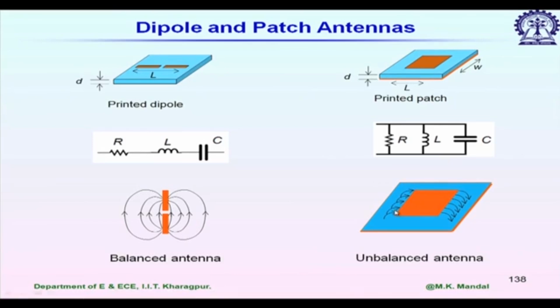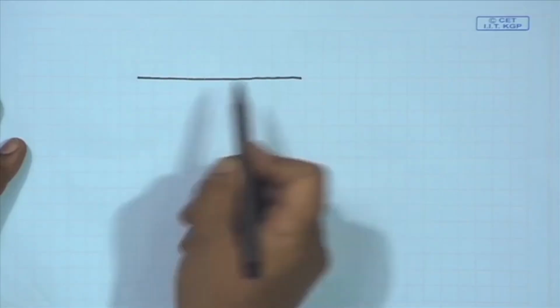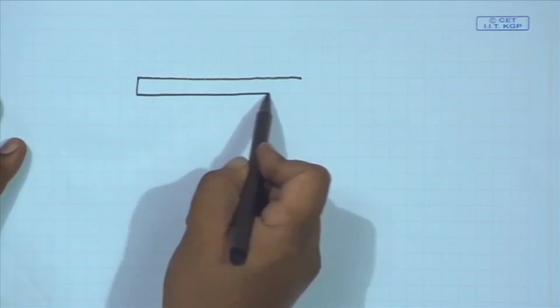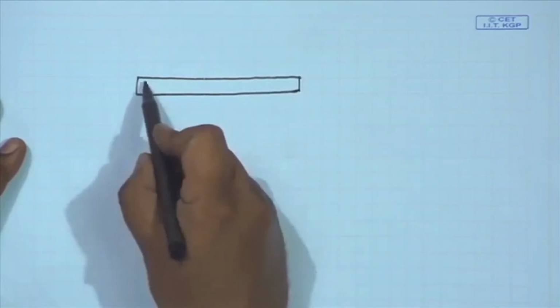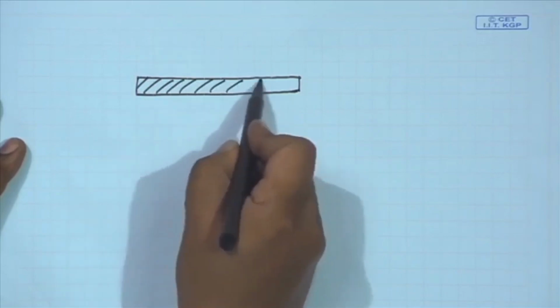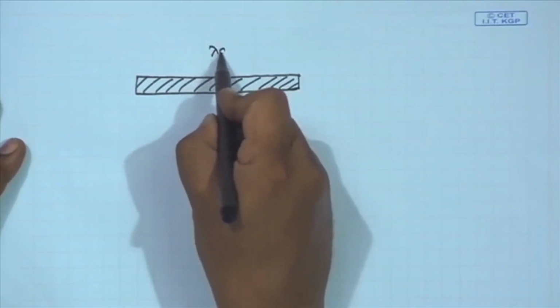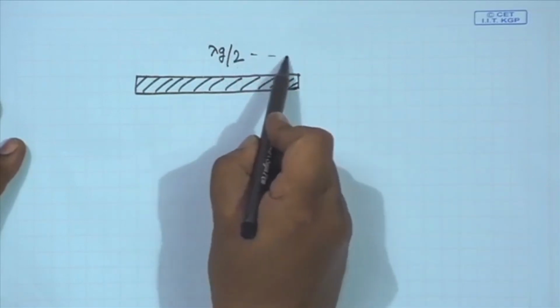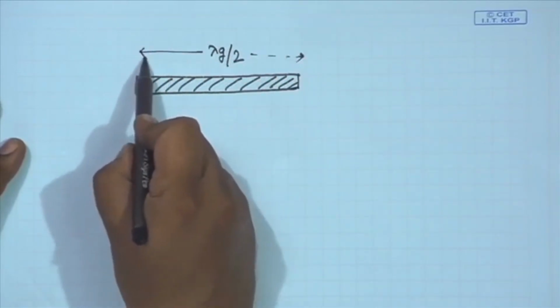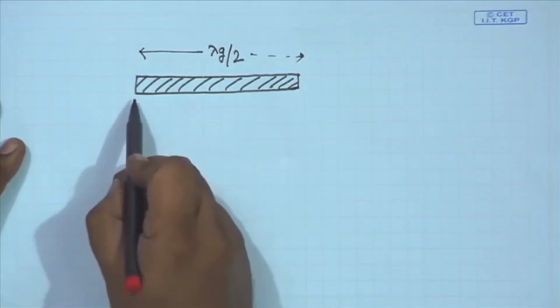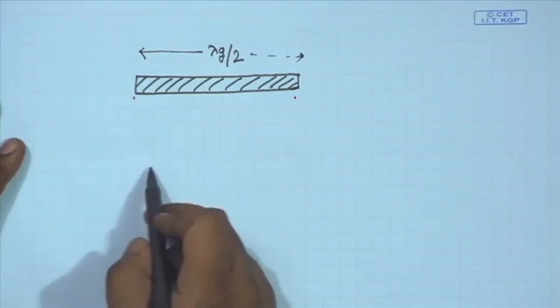For a rectangular patch, it radiates from its fringing field. Let me discuss a little more on this fringing field, how it radiates. Let me start from a very basic resonator. Let us say we have a microstrip line resonator of length lambda g by 2, at the resonance frequency. Both of these two ends are open circuited.